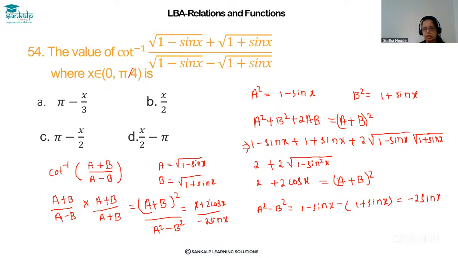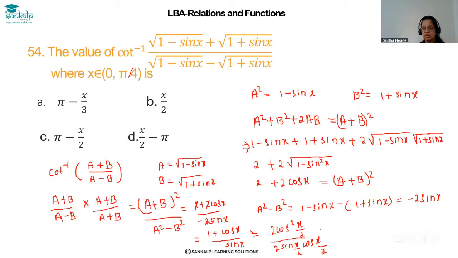So 2 you can cancel. So that is equal to 1 plus cos x divided by sin x. Correct? That is equal to 1 plus cos x is 2 times cos square x by 2. Sin x is using cos 2x formula and sin 2x formula, 2 times sin x by 2 cos x by 2.